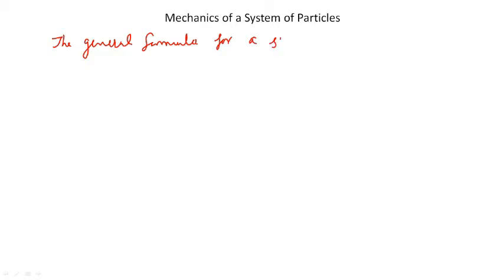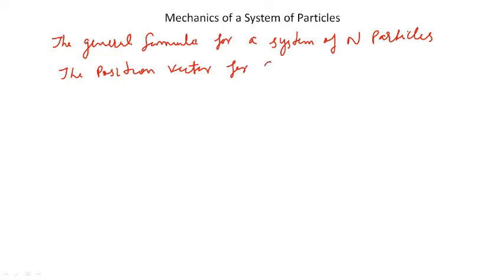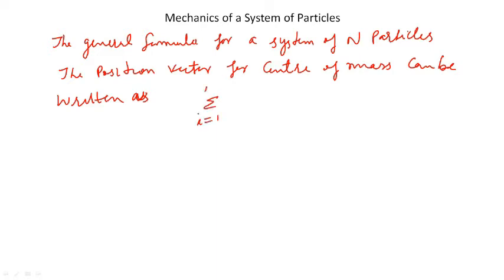The general formula for a system of n particles: the position vector for the center of mass can be written as sigma i from 1 to n, mi (ri minus r) equal to 0.